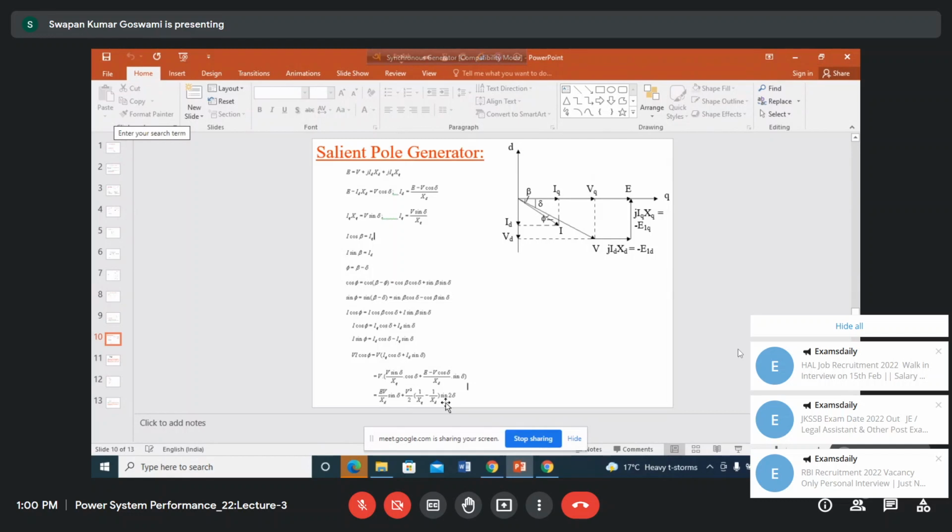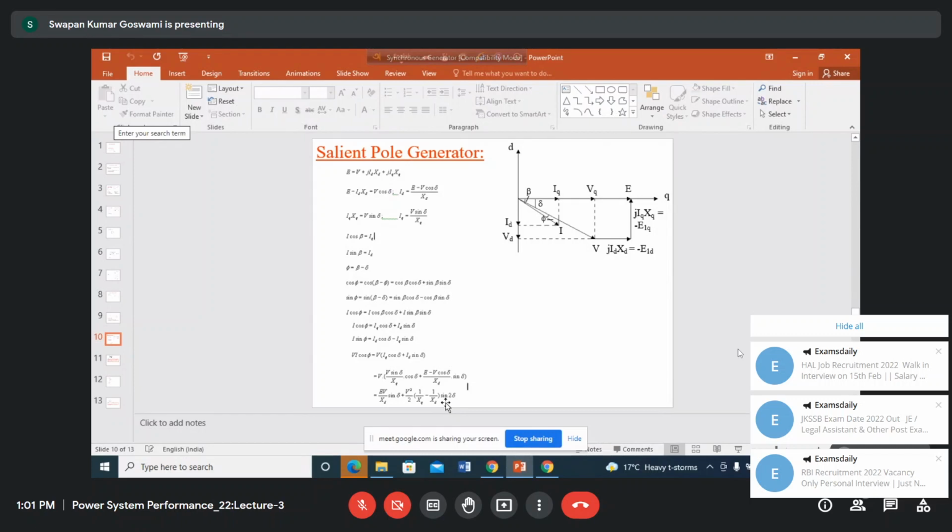Or you can say the stiffness of this machine, stiffness meaning how strongly the machine is coupled with the system. System means system voltage, VT, and the machine is represented by its induced EMF. So how strongly are EF and VT, or E and V, coupled? They are really strongly coupled. Why strongly coupled? Because you require more power to create a variation in the value of delta.